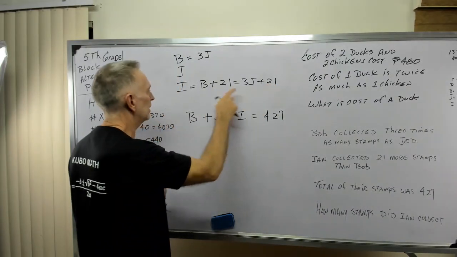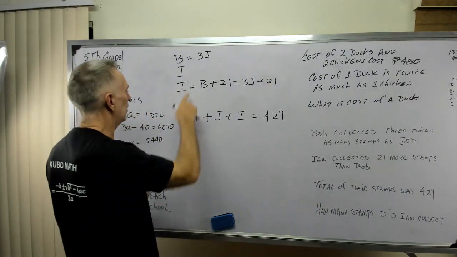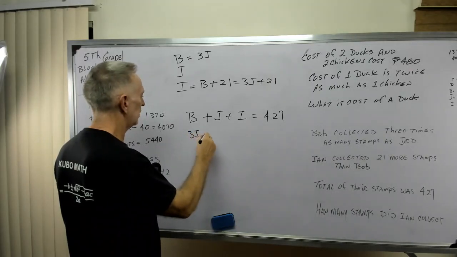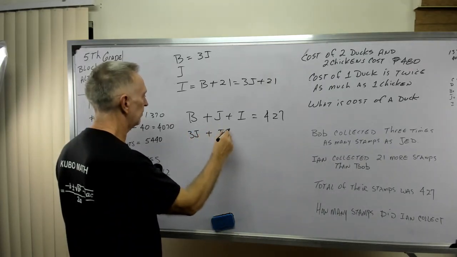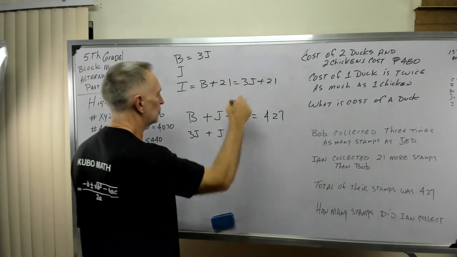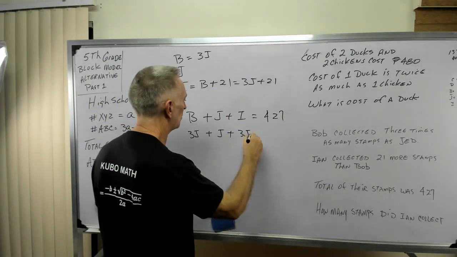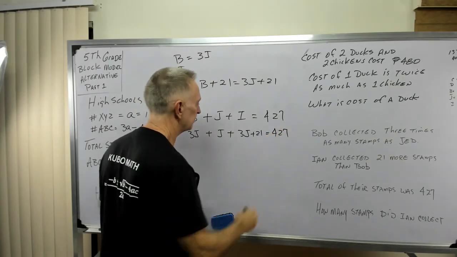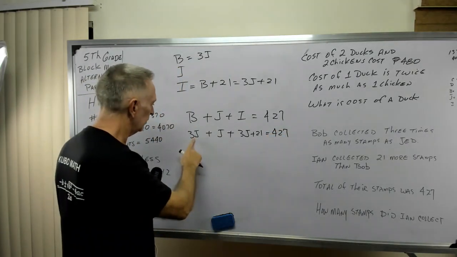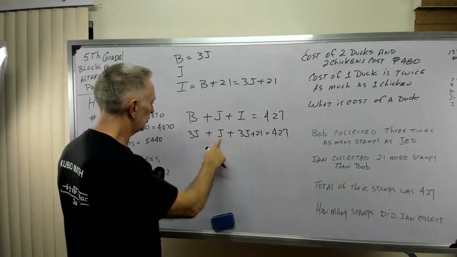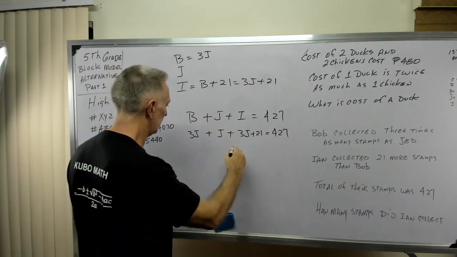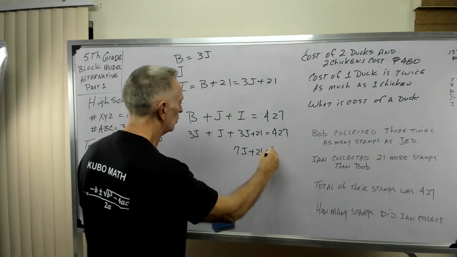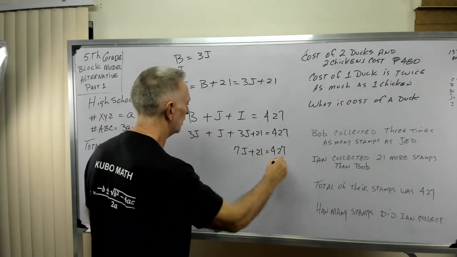Now Bob is 3 Jed, plus 1 Jed, plus Ian, which was 3 Jed plus 21, and that equals 427. Well, 3 Jed plus 1 Jed is 4, and 3 more is 7. I have 7 Jed plus 21 equals 427.